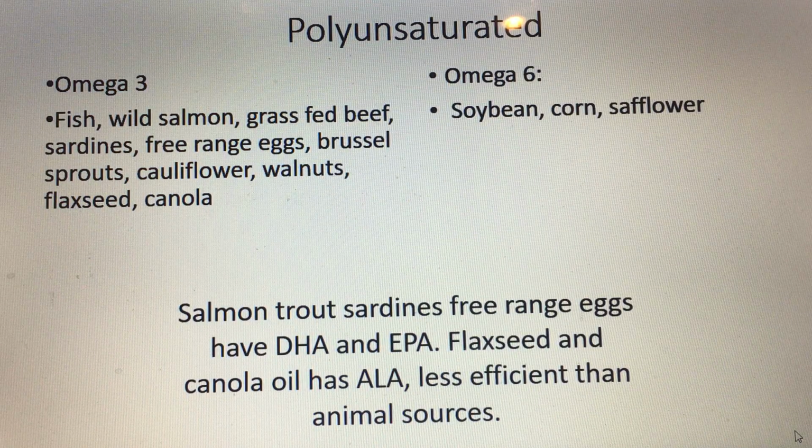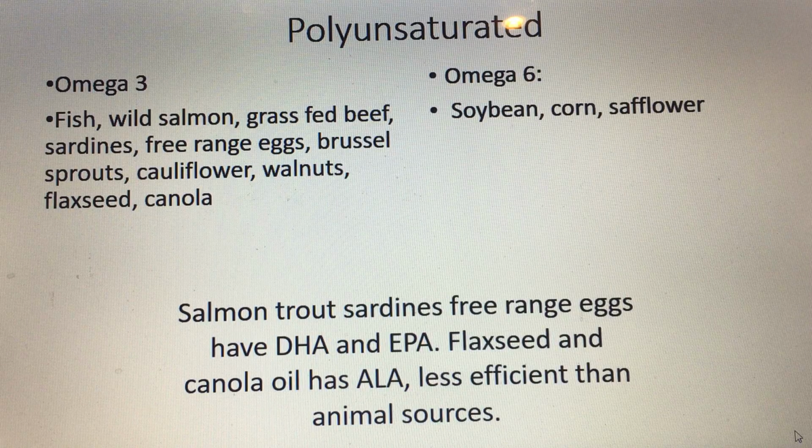Polyunsaturated fats, there's your omega-3s and your omega-6s. The omega-3s, salmon, fish, have a lot of omega-3s. Omega-6s, we want to try to keep those down. Soybean, corn, safflower. So salmon, trout, sardines, free-range eggs have DHA and EPA.